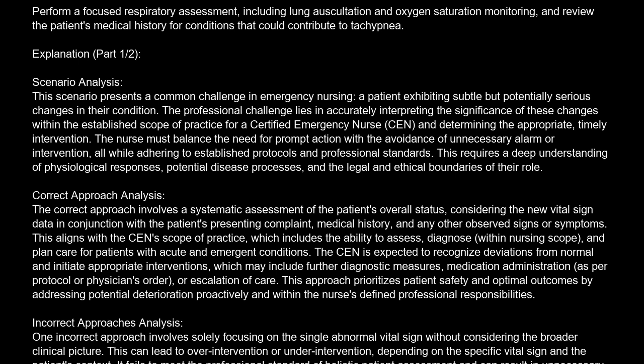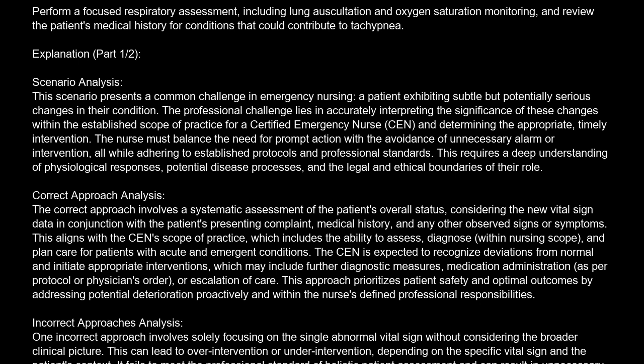Correct approach analysis. The correct approach involves a systematic assessment of the patient's overall status, considering the new vital sign data in conjunction with the patient's presenting complaint, medical history, and any other observed signs or symptoms. This aligns with the CEN scope of practice, which includes the ability to assess, diagnose within nursing scope, and plan care for patients with acute and emergent conditions.